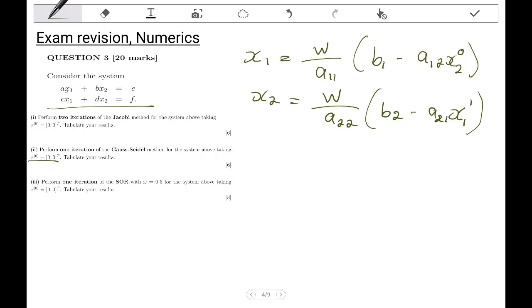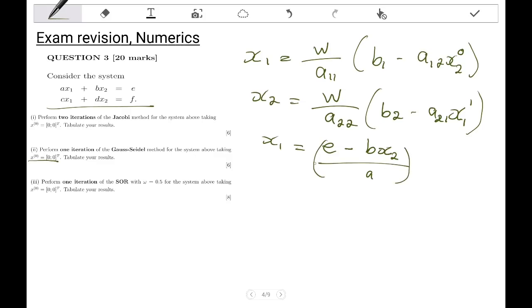Then if we take the first equation here and make x1 the subject of the formula, we get something like this. x1 is going to be e minus b x2 over a.